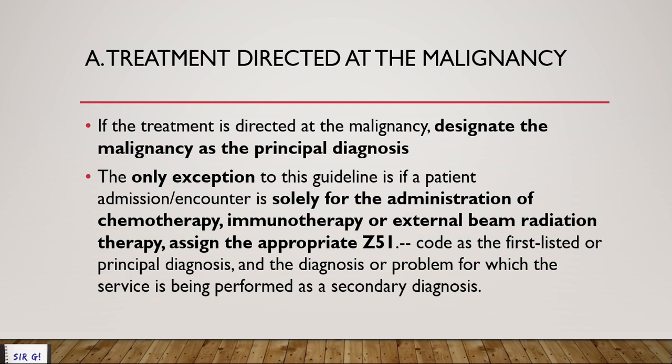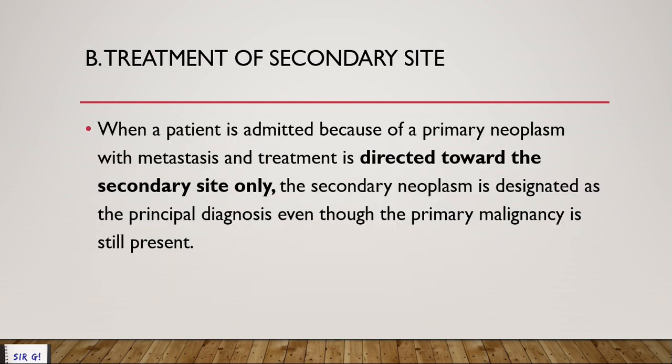Okay. That is different from the first one. Although the reason for encounter here is for the treatment of the malignancy, if it states that it's solely for the administration of chemo, immuno, and external beam radiation, use your Z51. Okay, this is just an exemption. We will be discussing this further as we go through chapter 2.